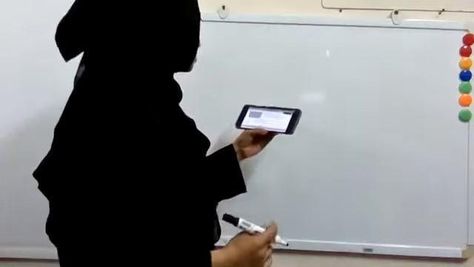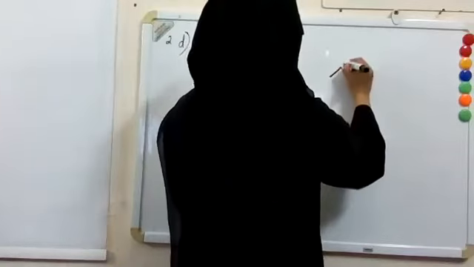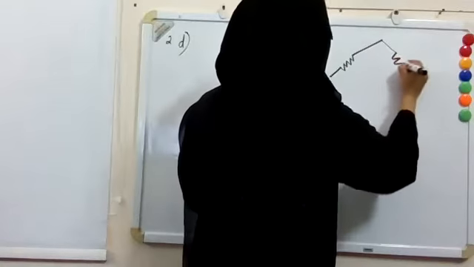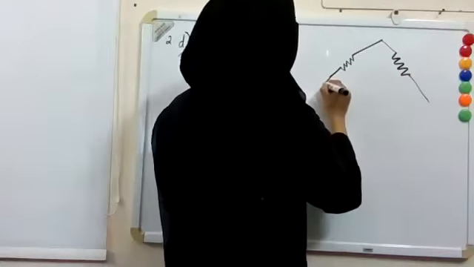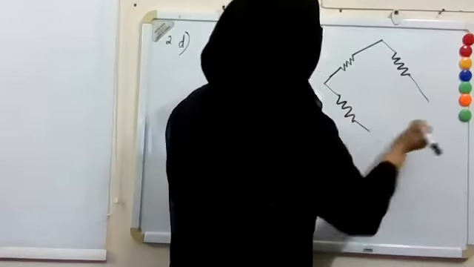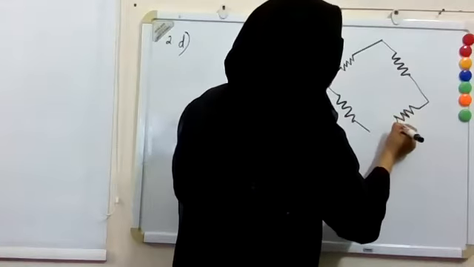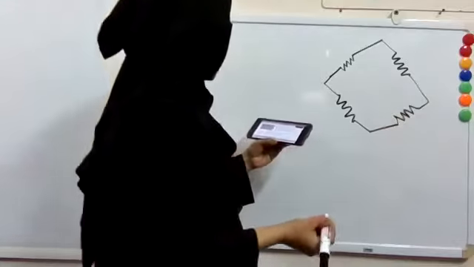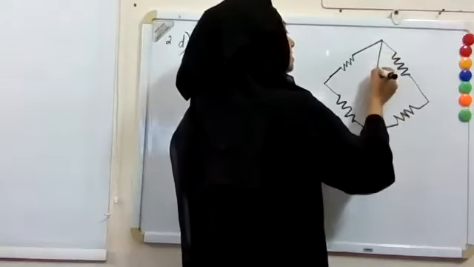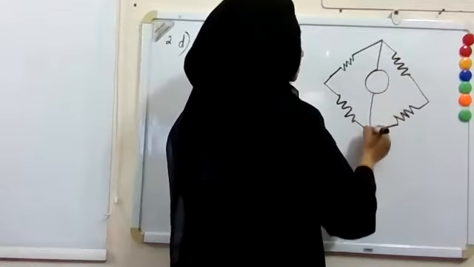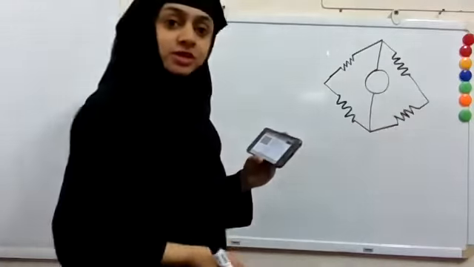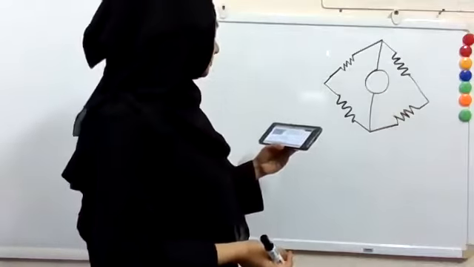In question number 2, a Wheatstone's bridge is given. That question number 1, the previous question which we discussed, that was in your HSC board examination for 2019, the last board exam question paper. I took that question from there.